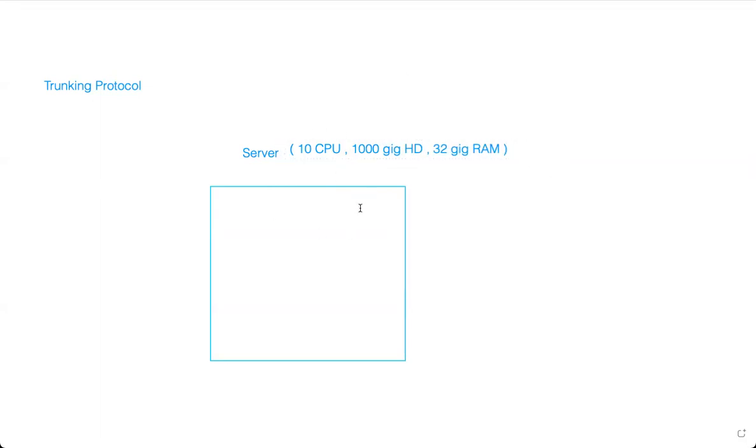So this server is like a big box, right? I wanted to separate this into multiple virtual machines. So I'm going to allocate some resources to this virtual machine, this virtual machine, this virtual machine, and this virtual machine.